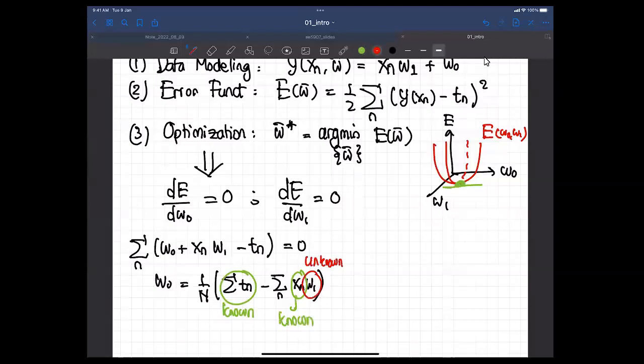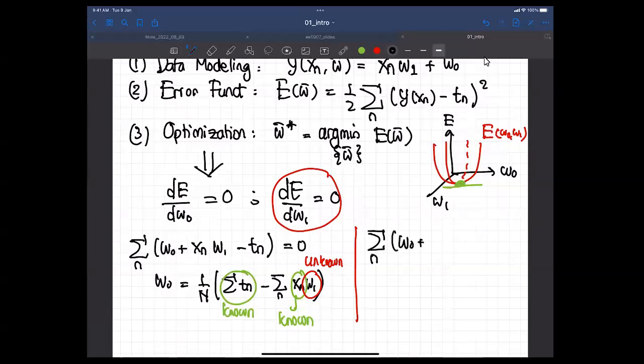Now, this is one equation with two unknowns, W0 and W1. You cannot solve this, right? So in order to be able to solve, you have to work out the second equation. If you do the derivative again, it's the same process.